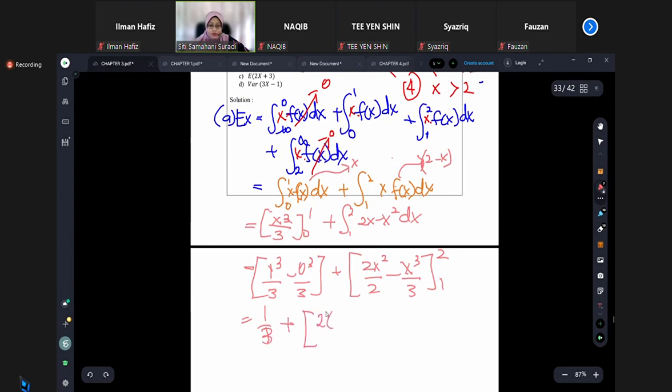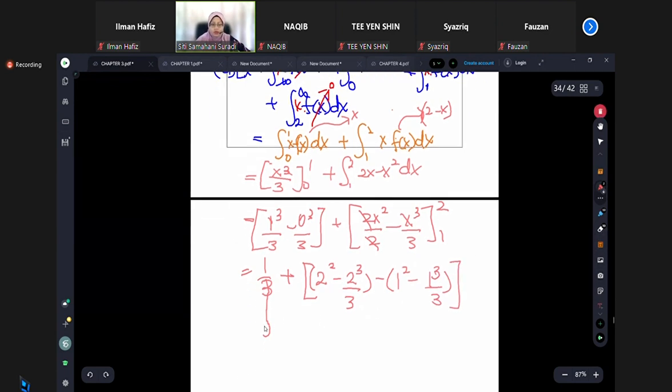That means 2 is cancelled. 2 power of 2 minus 2 power of 3 divided by 3, minus 1 power of 2 minus 1 power of 3 over 3. Okay, so let me work out the answer.